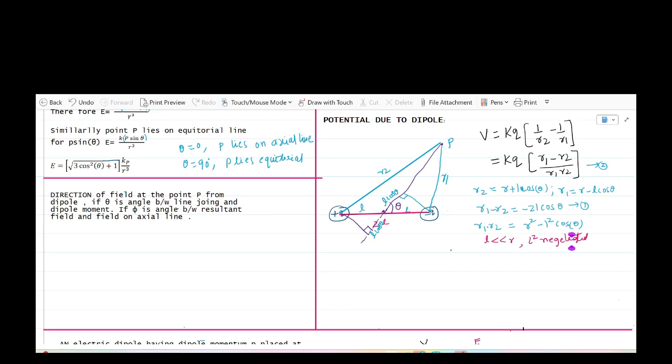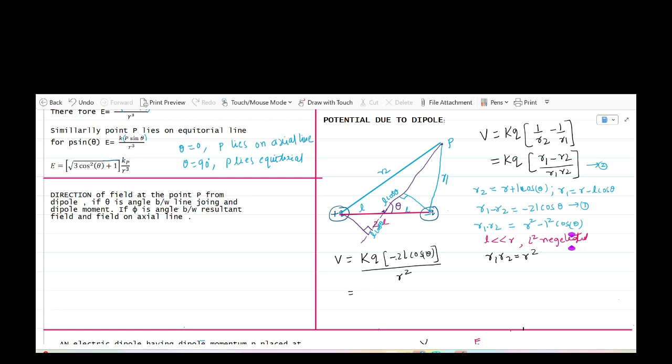So R1 R2 is equal to R square. Now substitute: therefore V is equal to KQ into minus 2L cos theta by R square. Here Q into 2L I can take as the dipole moment.